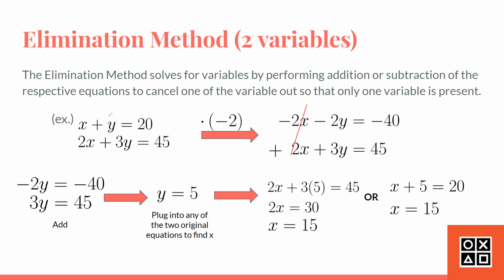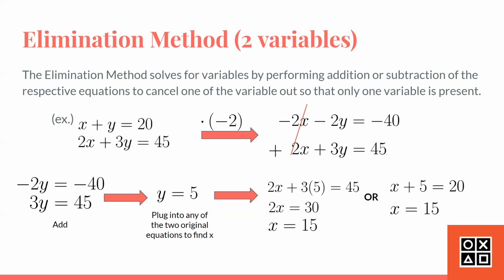You would just go back to either one of these equations and plug in 5 for y to find x. So let's just take this one first, and then we'll also do it the other way, just to see that it should work.